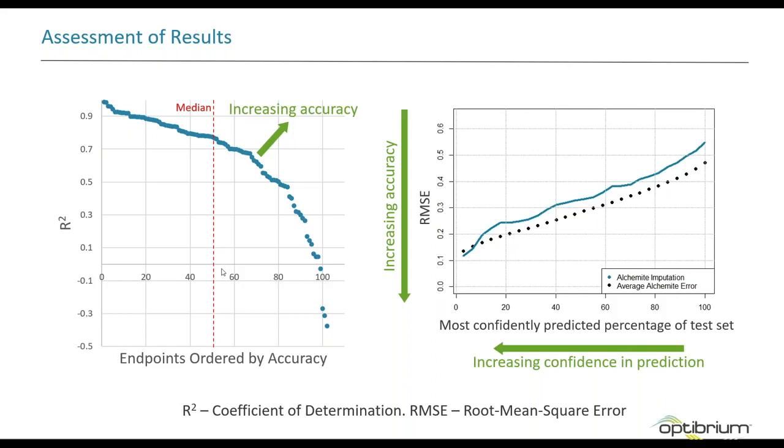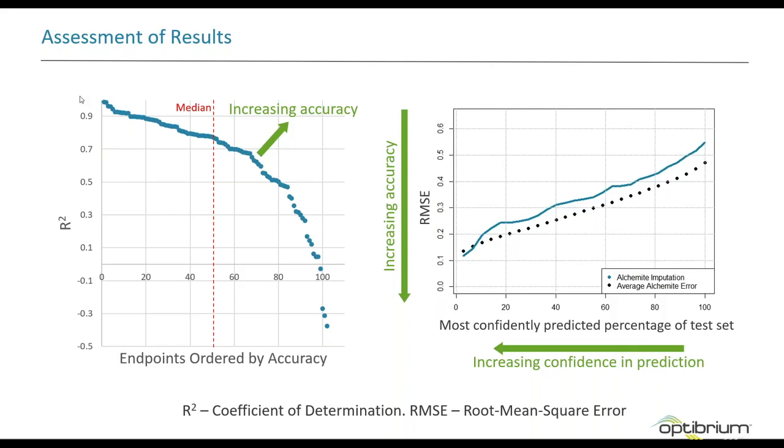And the coefficient of determination, the R squared, is a metric that ranges between minus infinity and 1, where a value of 1 means 100% accuracy, and 0 means similar to random, and a negative value means worse than random.